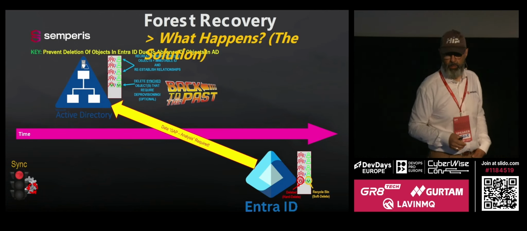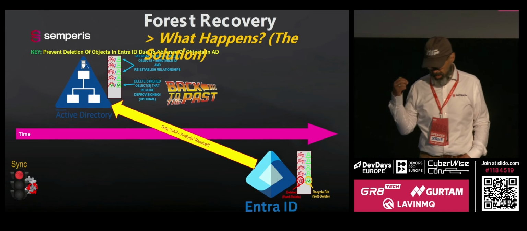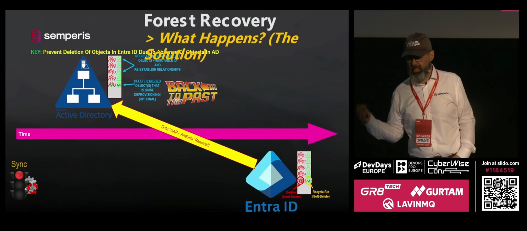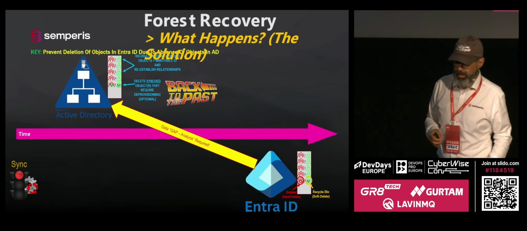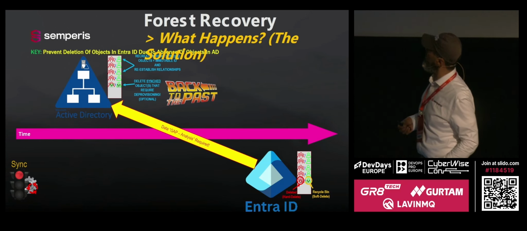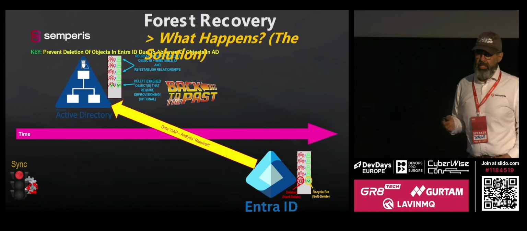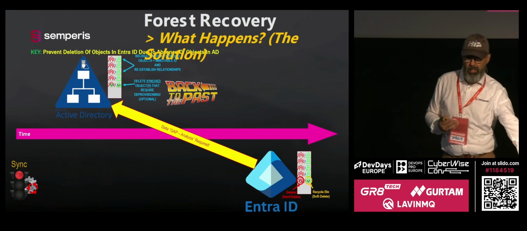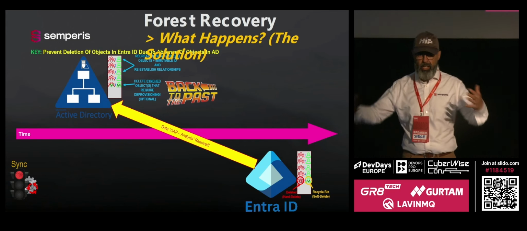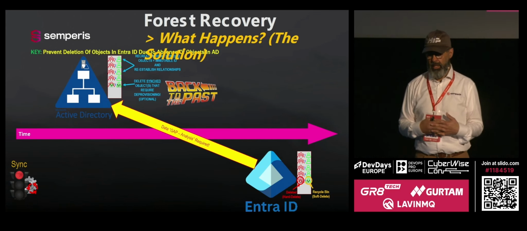Just recreating them. And then, is recreation enough? No, that's not enough. You also have to add some glue to it. And the glue is the so-called immutable ID. The immutable ID is, let's call it, a shared attribute between AD and Entra ID that connects those objects together.